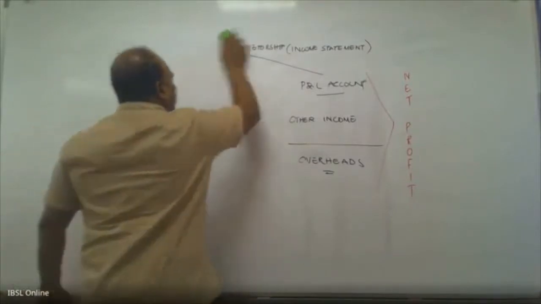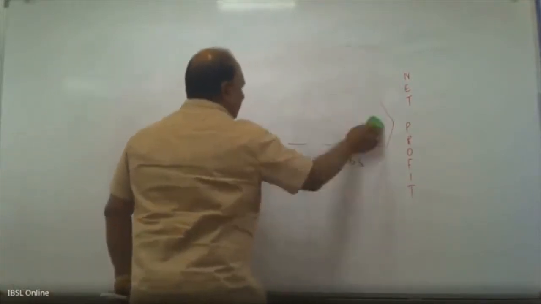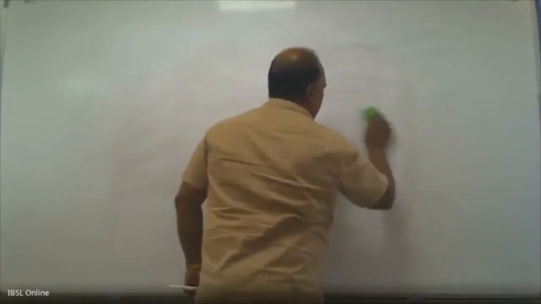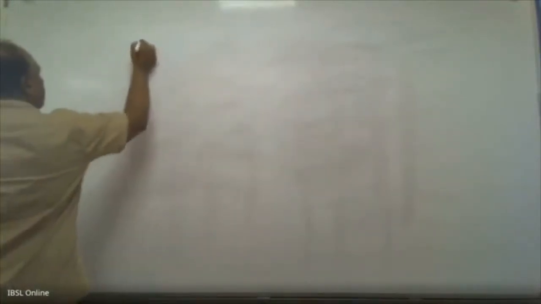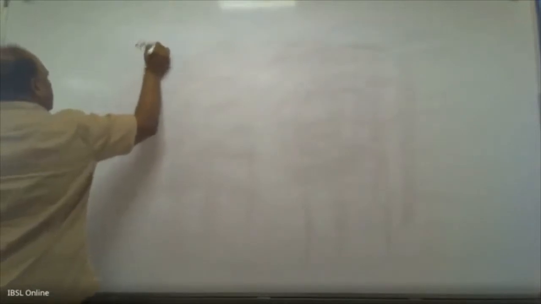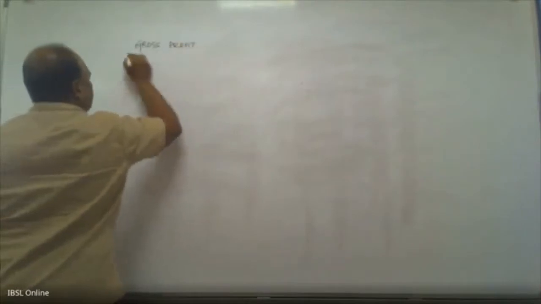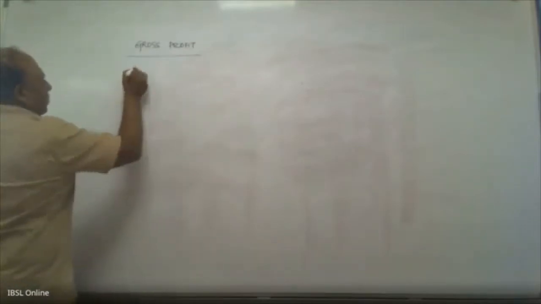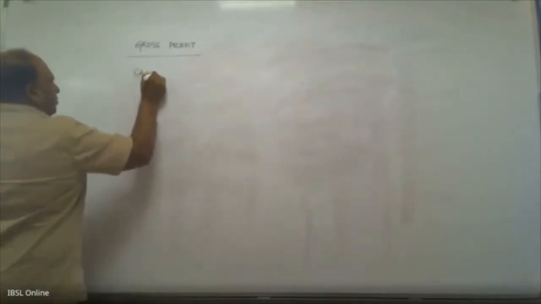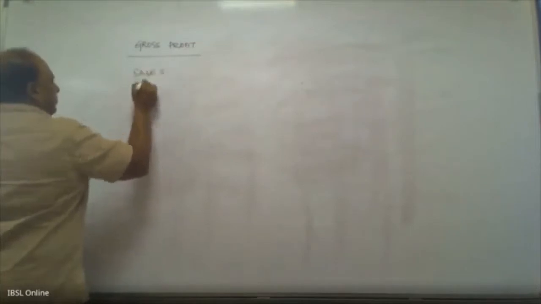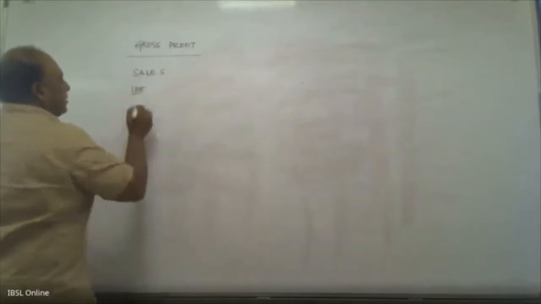Now let's look at the two components. Now let's look at first the gross profit. So the gross profit is basically what you have to do is you have to look at the sales. Then you deduct sales return.